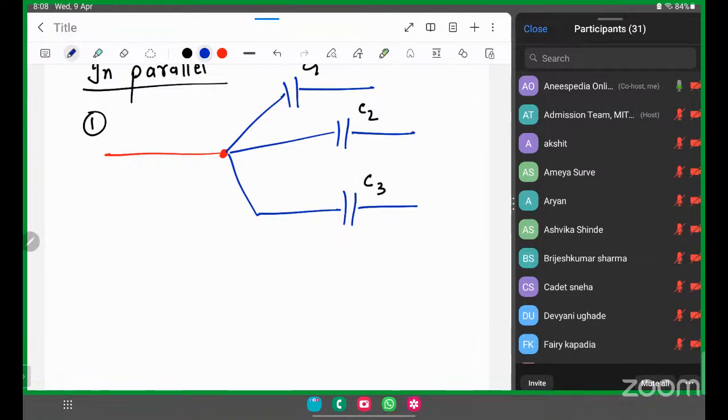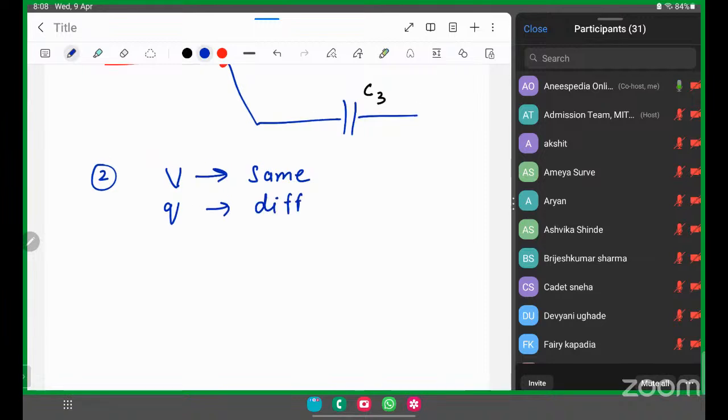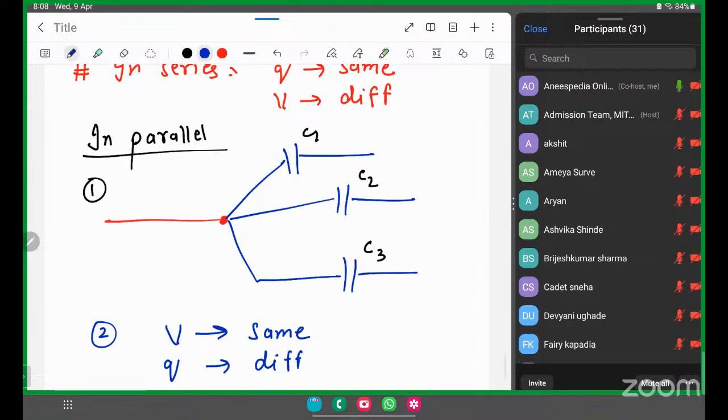Second point in parallel combination is that potential of all the capacitors is same, but charge on all the capacitors will be different, which means charge on capacitor C1 will be Q1, charge on capacitor C2 will be Q2, and charge on capacitor C3 will be Q3.